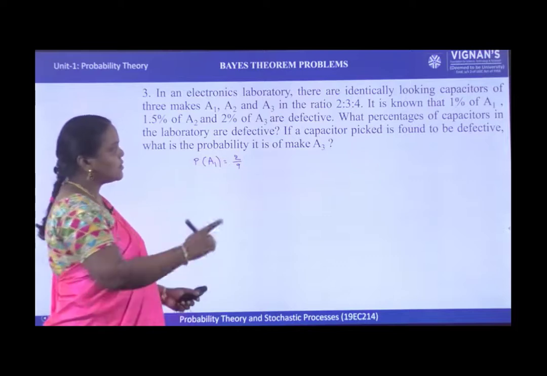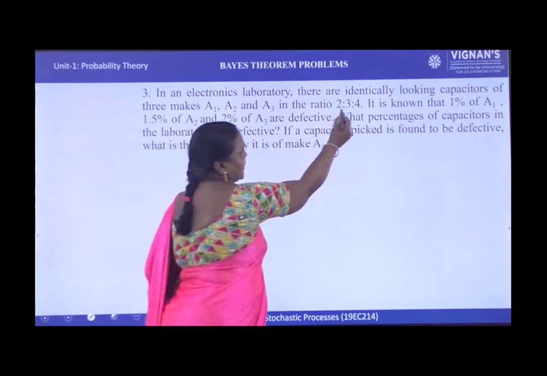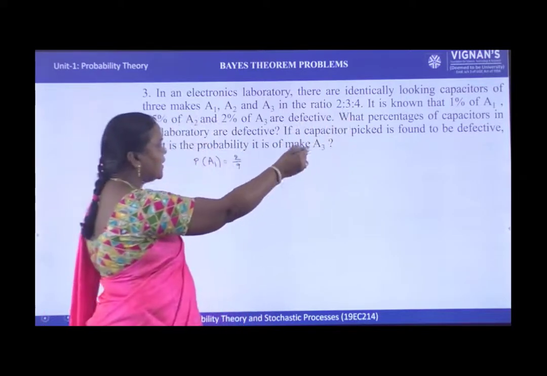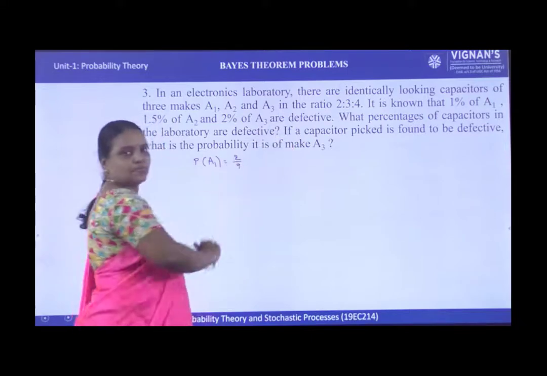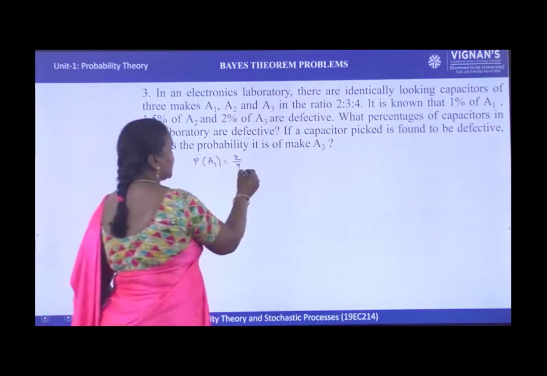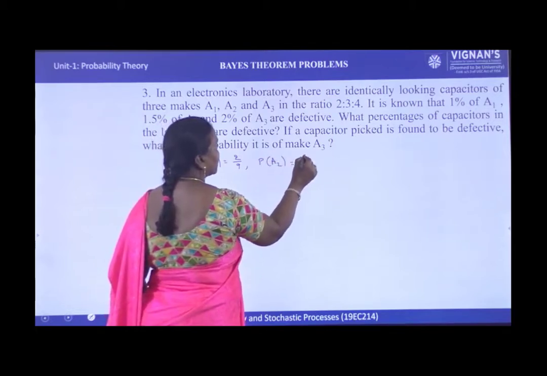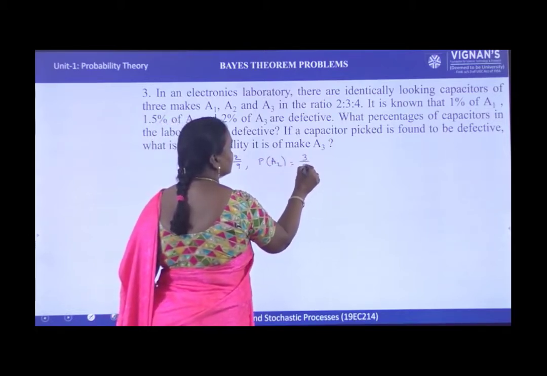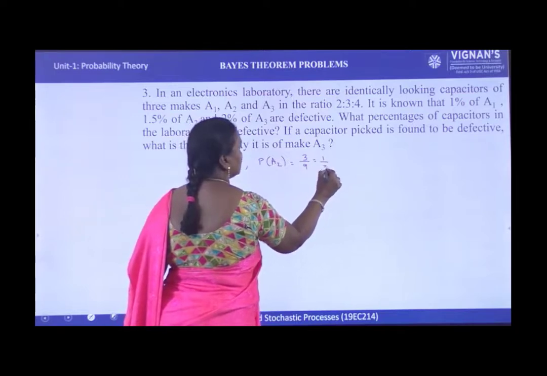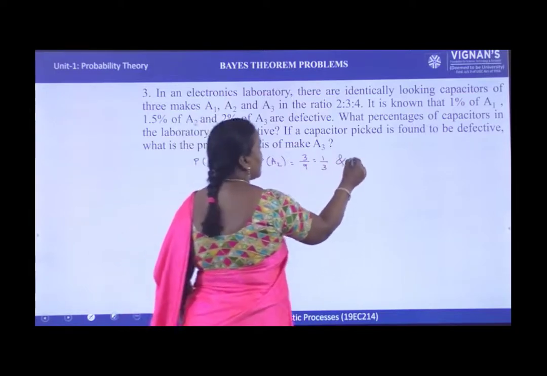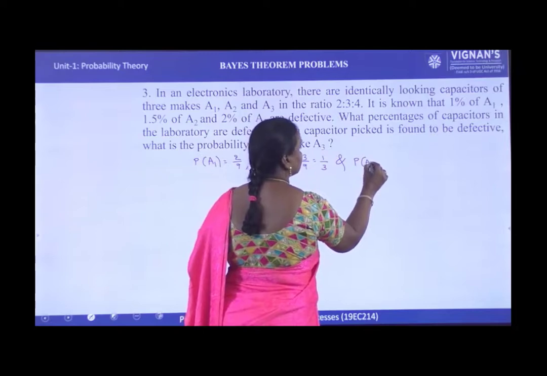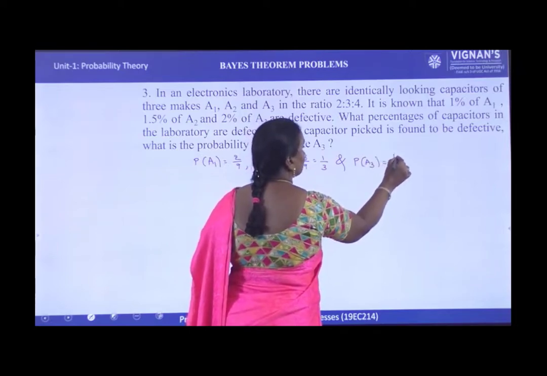Total it is 9, so out of 9 its contribution is 2. Next, what is P of A2? Second company, its contribution is 3 out of 9, so it is nothing but 1 by 3. And P of A3, it is 4 by 9.